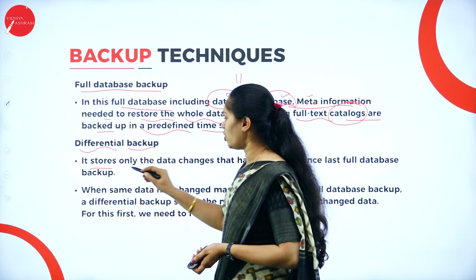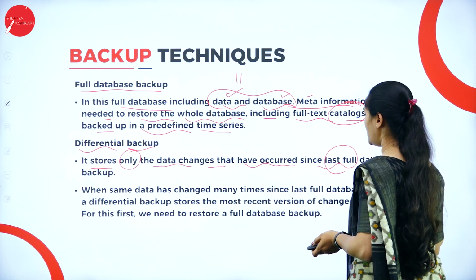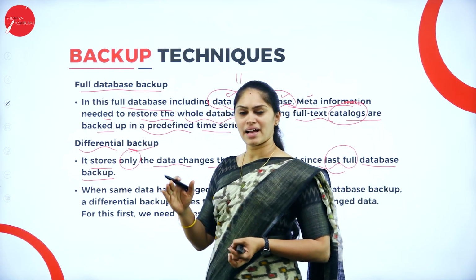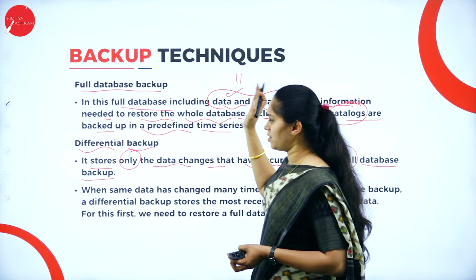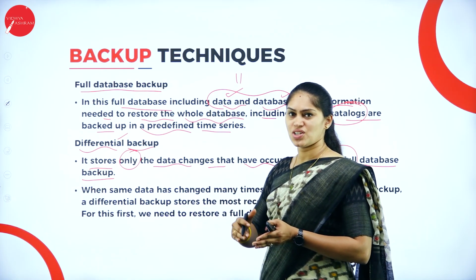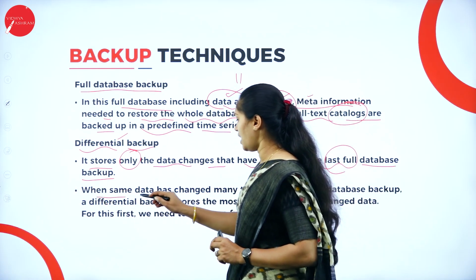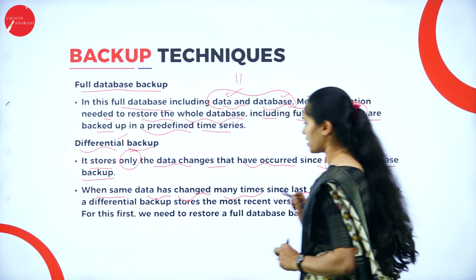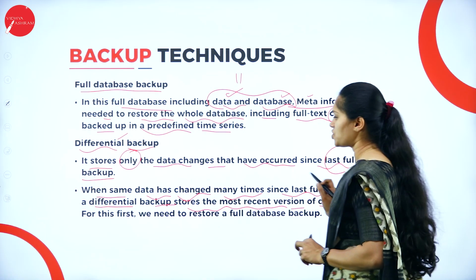Here it stores only the data changes that have occurred since the last full database backup. Once the complete database backup is over, from this date to the next date, whenever we have this differential backup, up to that time it will recover all the data. When the same data has changed many times since the last full database backup, a differential backup stores the most recent version of the changed data.